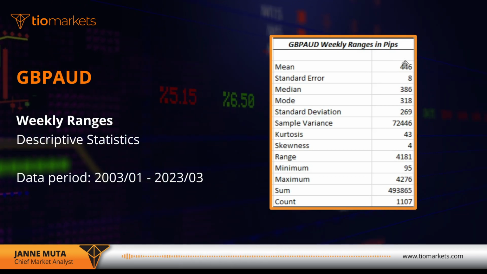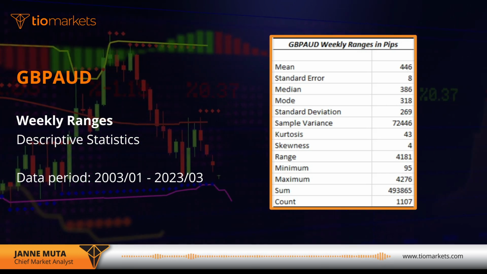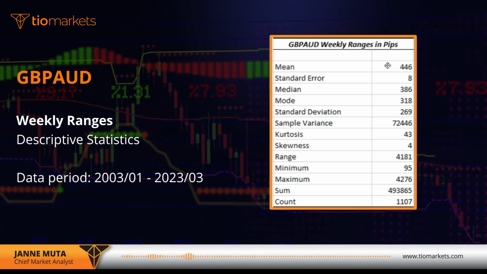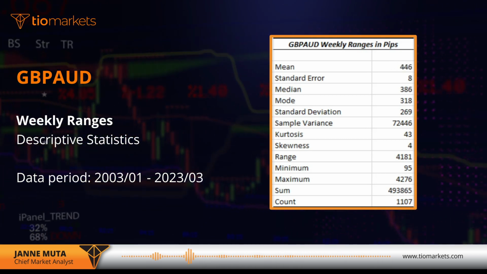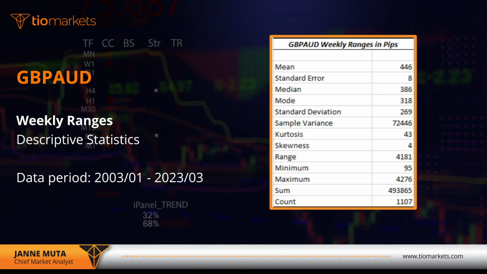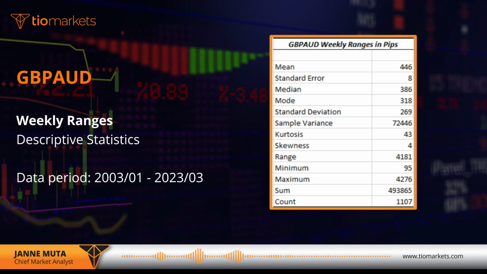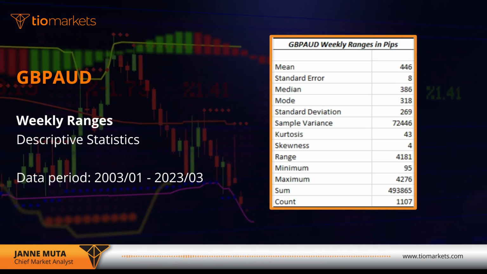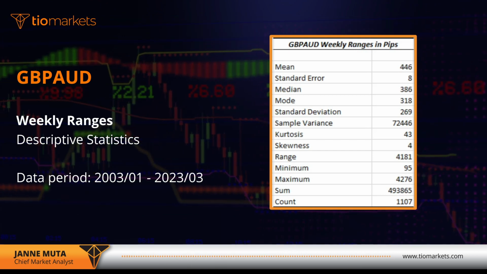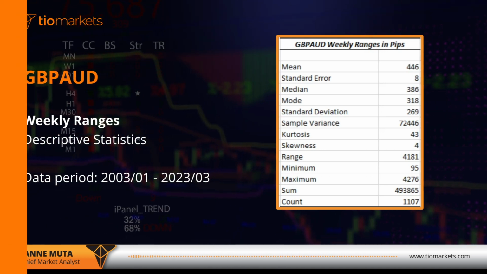If you happen to catch a time when a new uptrend starts, it might be even more than this. Obviously, it's an average number. Sometimes your profit potential is smaller, but we are talking about averages here. So if you trade pound Aussie for the next 10 years and you take a couple of trades or 3 trades per week, this 446 pips gives you an idea of what the profit potential is.